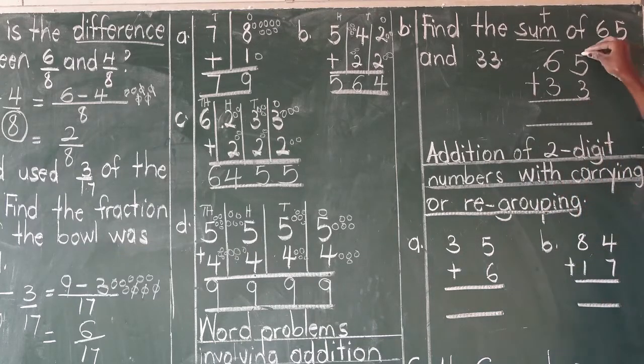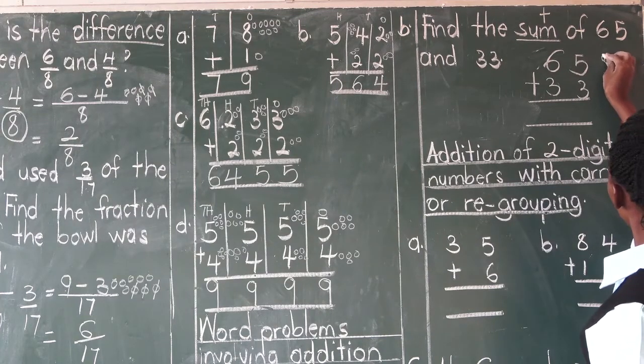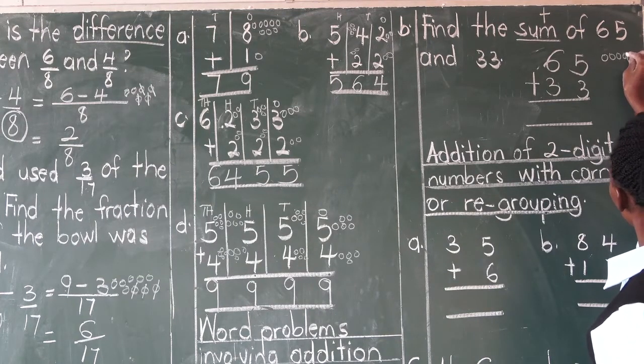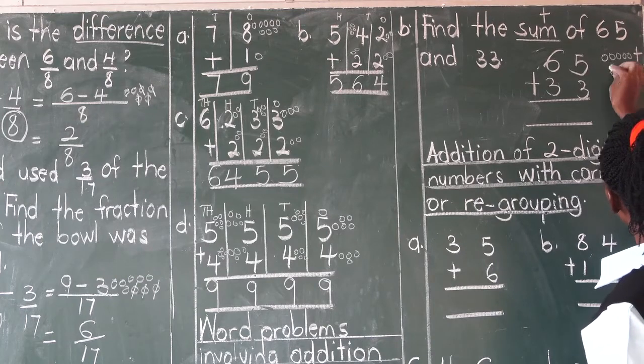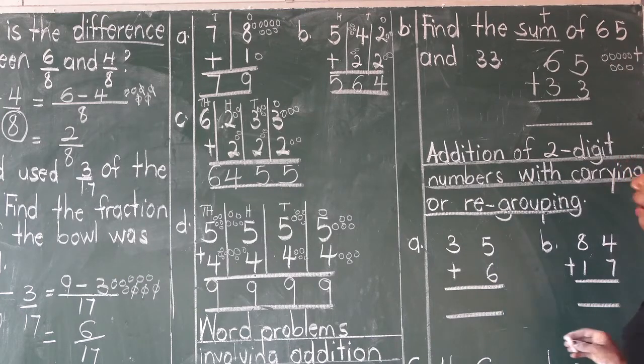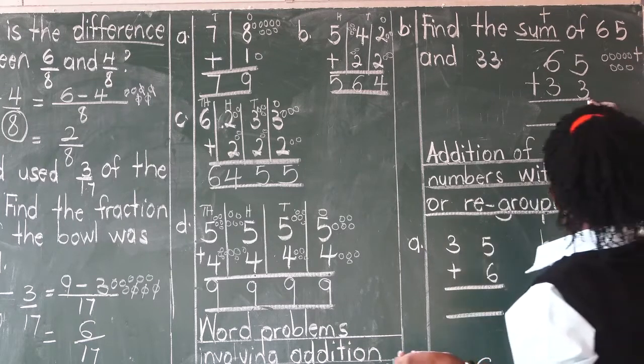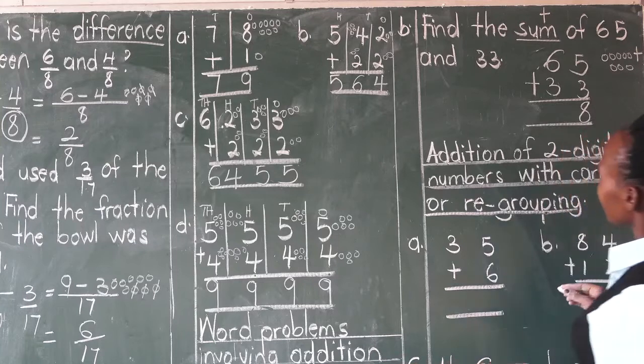Then here we shall have 5 plus 3. Let's do our balls here. 1, 2, 3, 4, 5 plus 1, 2, 3. Now let's put them together and see which number we are going to get. 1, 2, 3, 4, 5, 6, 7, 8. Then let's come to tens.